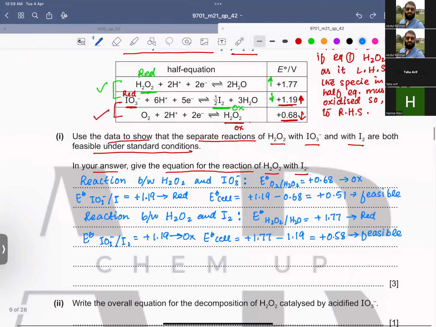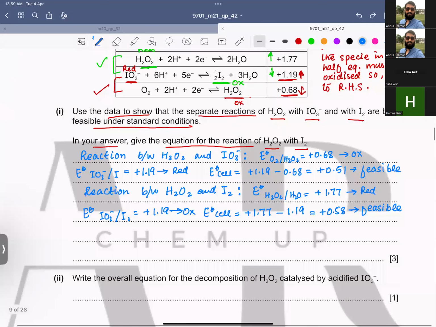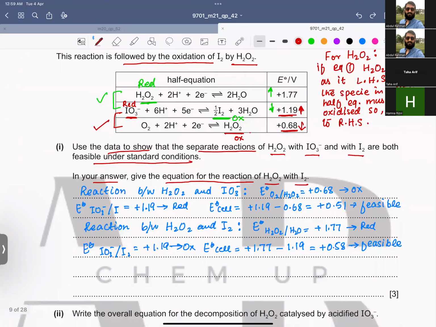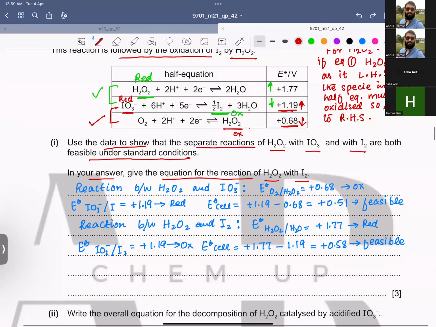Now, the next part is that you have to write the equation for H2O2 and iodine. So see, H2O2 is undergoing reduction, so I will take this value. Iodine is undergoing oxidation, so I'll take this equation, but this equation must be flipped, as discussed earlier.